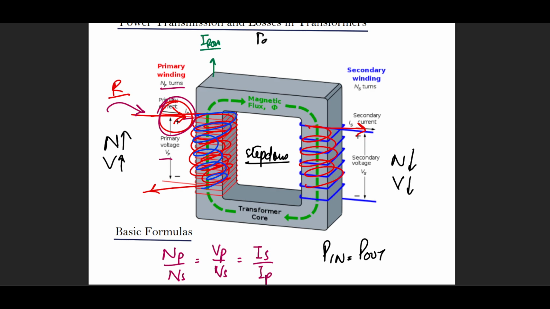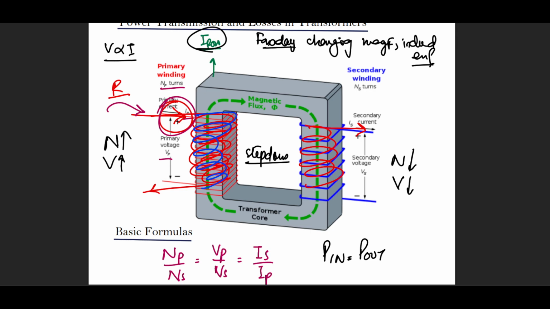And from Faraday's law, we know that if any conductor is experiencing a changing magnetic field, it will experience induced EMF. Very basic O levels definition of Faraday's law, right? So let's make it even more simple. If a conductor experiences a changing magnetic field, it will experience voltage, and wherever there is voltage, there is going to be some current according to Ohm's law in that resistance, of course.